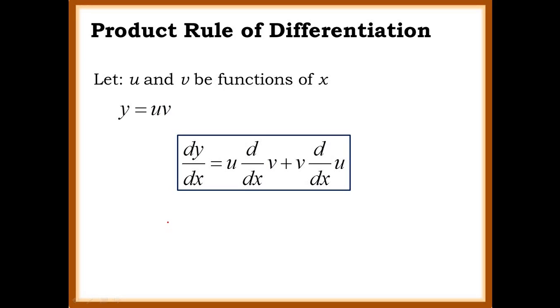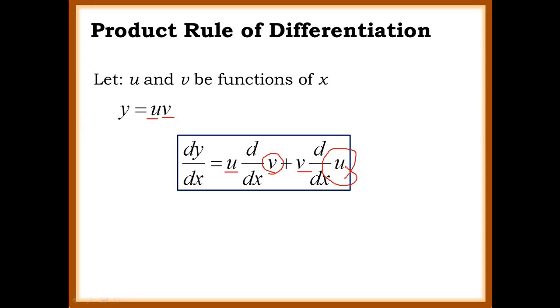the formula. dy over dx is equal to u, our first function, multiplied to the derivative of the second function, v, and then the operation is addition, tapos kokopyahin naman natin si pangalawa, which is v, tapos kukunin natin yung derivative nung ating una na u.